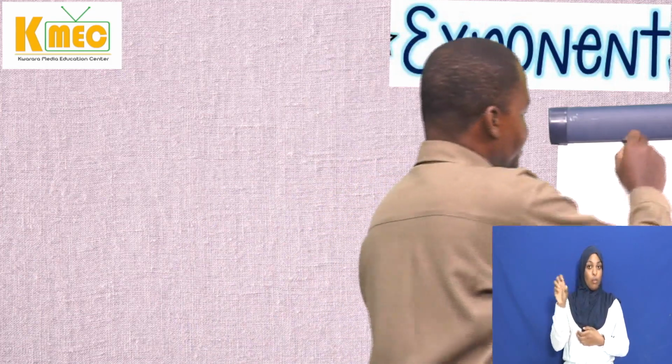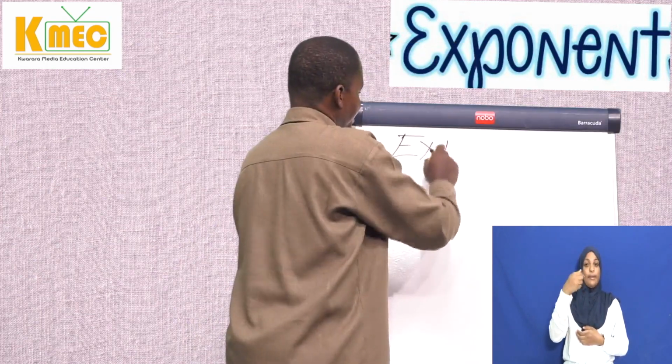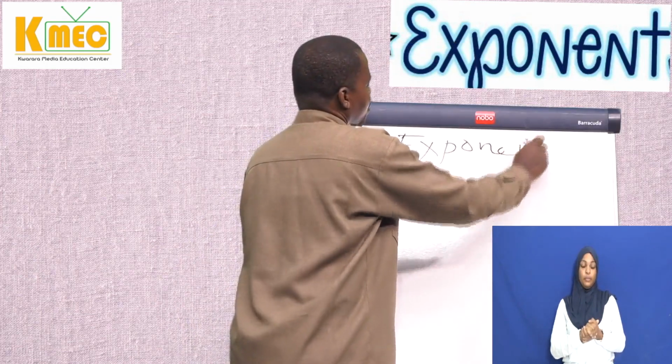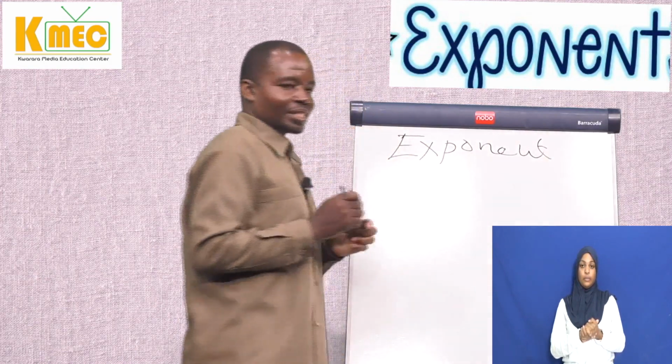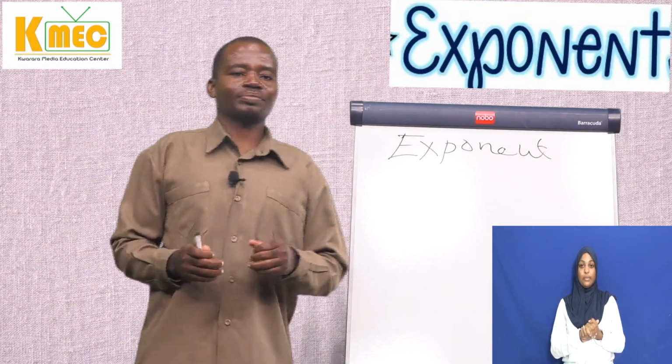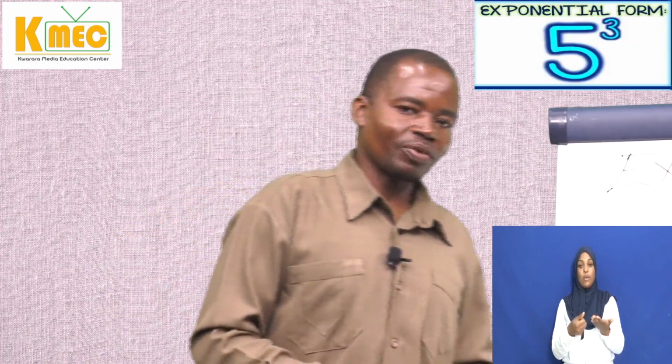Well, the numbers represent exponent. The numbers represent exponent because the numbers are written in exponential form.